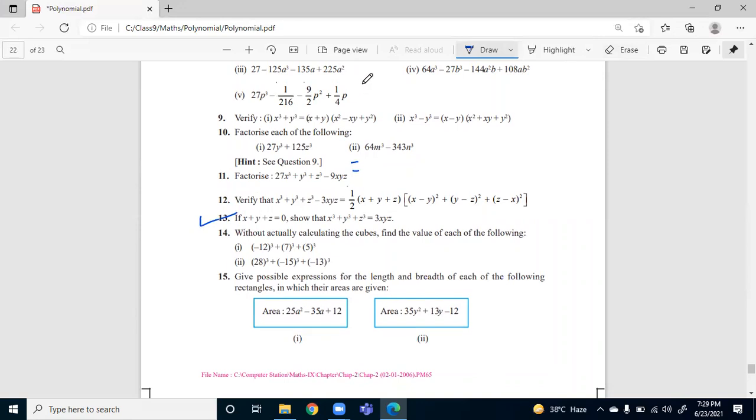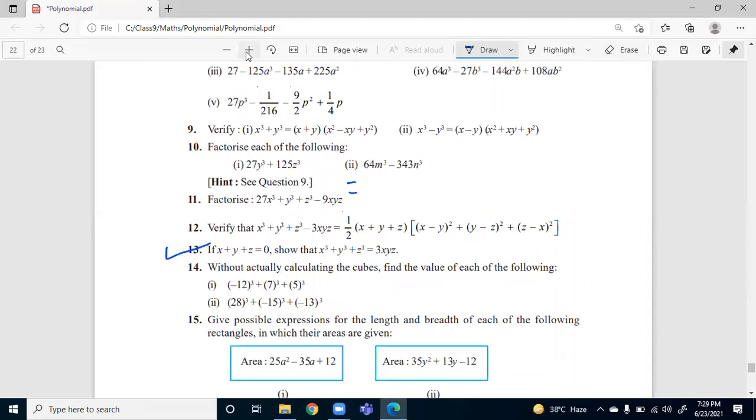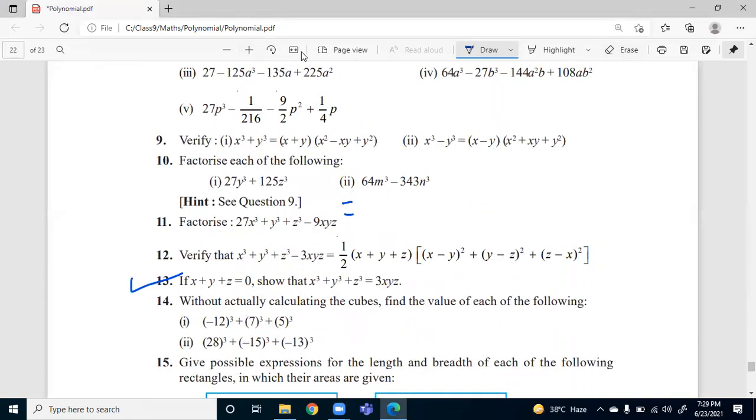See, this is the conditional identity which is in question number 13. Conditional identity, what does it mean? If x plus y plus z is 0, if I add these three and get their sum as 0, then x cube plus y cube plus z cube will come out to be 3xyz.